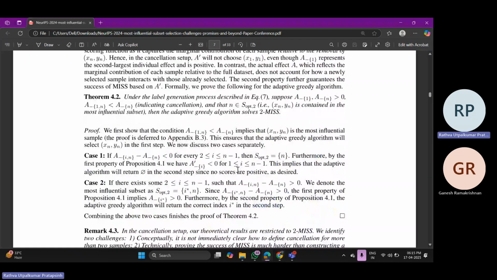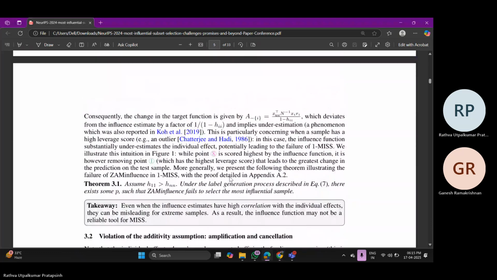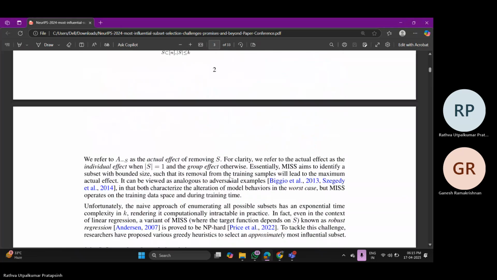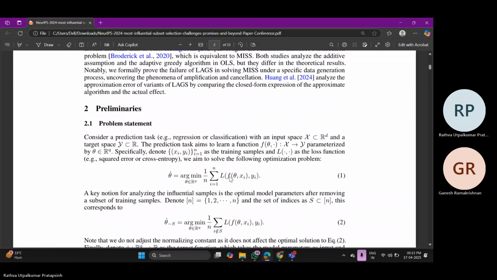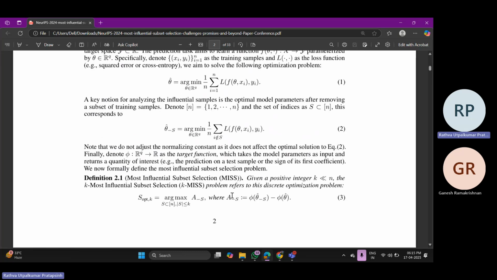This is the research I'm going through, and this is what I'm exercising.